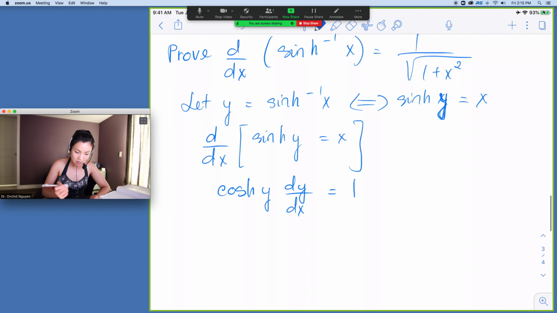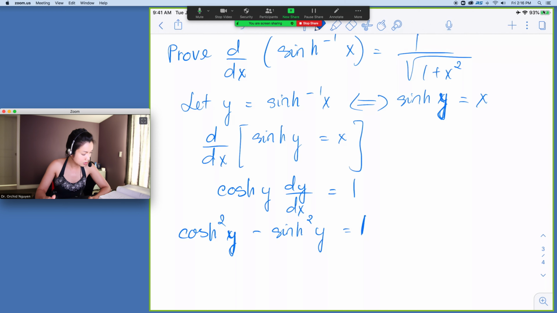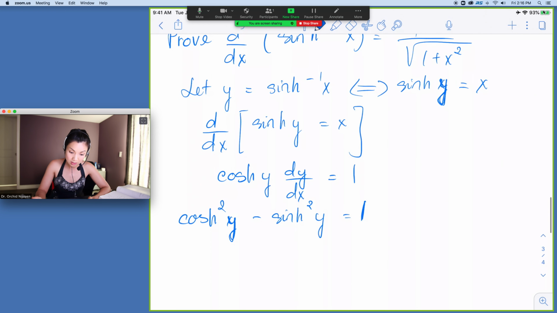Keep in mind that we have earlier the square identity. If you subtract, you're going to get 1. This is the first example that we did. And we know that the hyperbolic cosine of y is going to be positive.